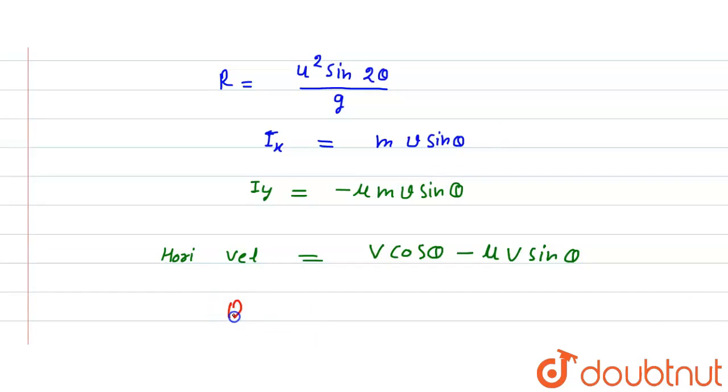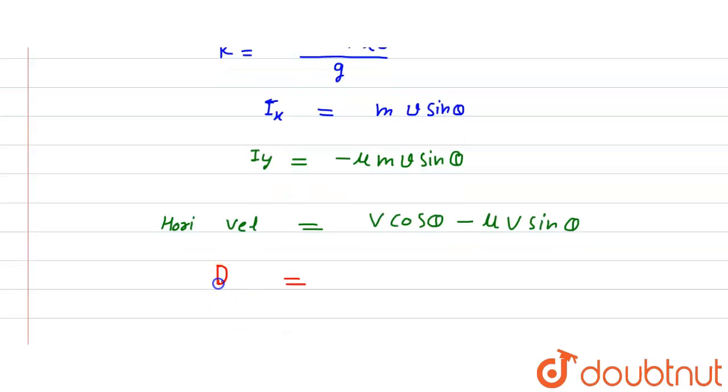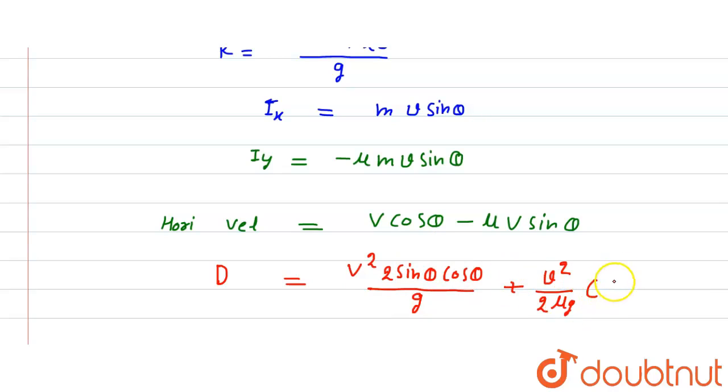So distance is equal to horizontal, that is v square 2 sin theta cos theta upon g plus v square upon 2 mu g, into v cos theta minus mu v sin theta, minus mu sin theta.